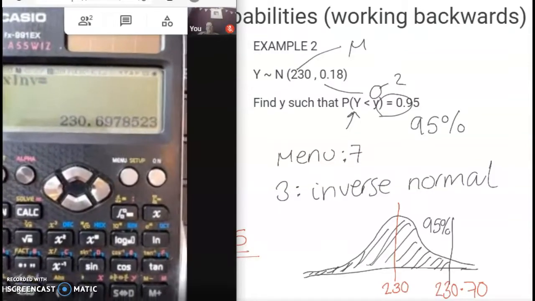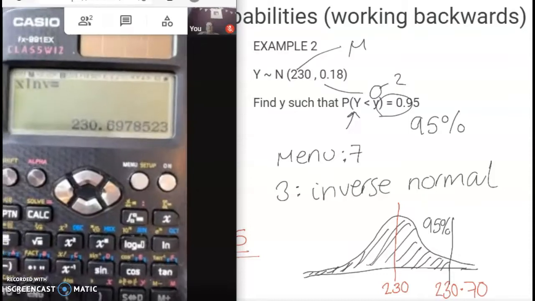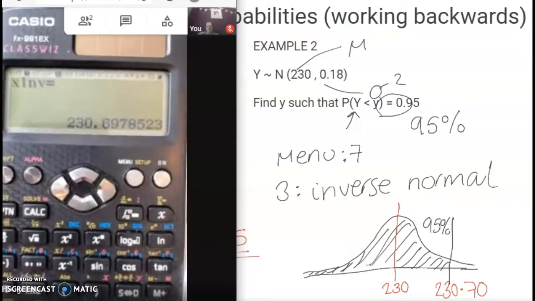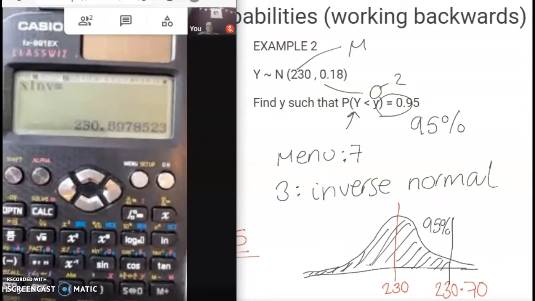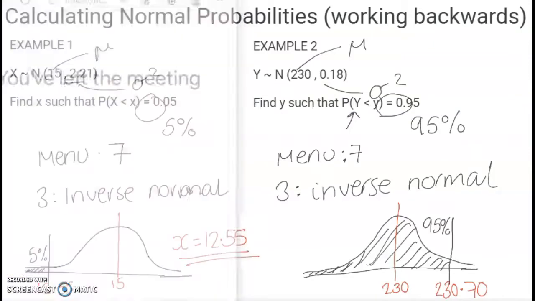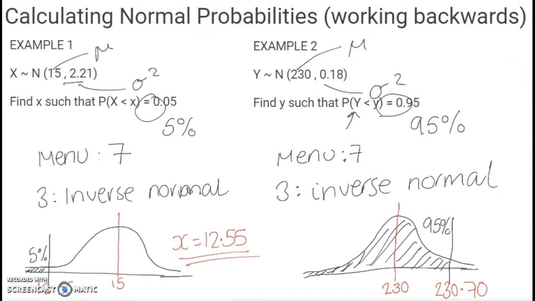So again, I would say, can you write that second example down so you've got it to refer back to? So hopefully you've managed to have a go at copying both of those down now. And what I'm going to ask you to do is have a go.